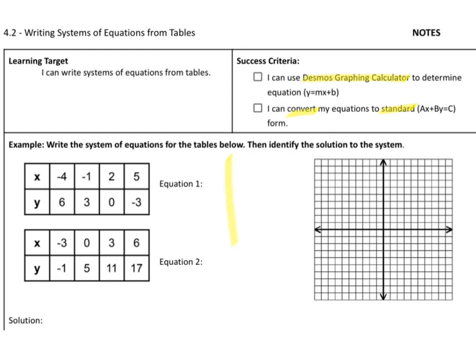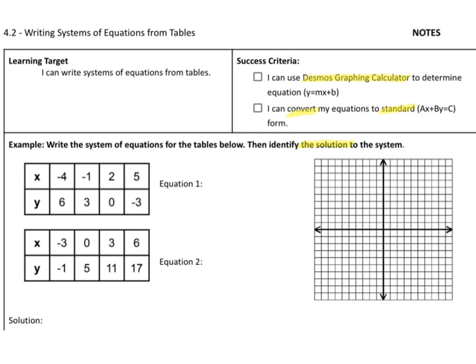For this example, you need to write both of the equations down, and then in order to find the solution, you're going to have to graph it. If it asks you to find a solution from a table, you'll have to first find the equations, or plot the points and then find where they cross. That's also a perfectly okay option. You could just plot all of these points: -4, 6, -1, 3, 2, 0, 5, -3.